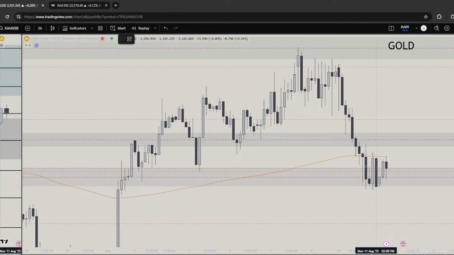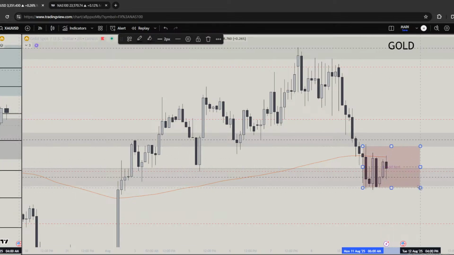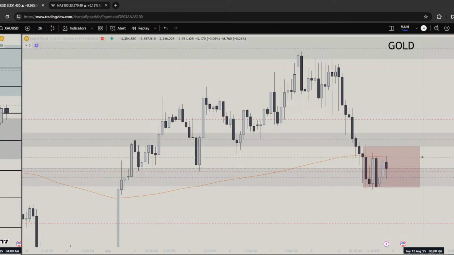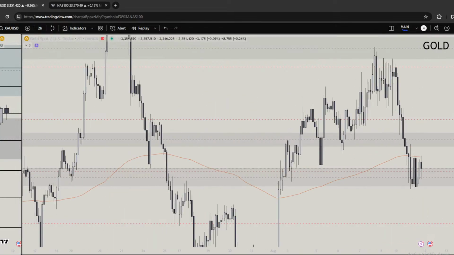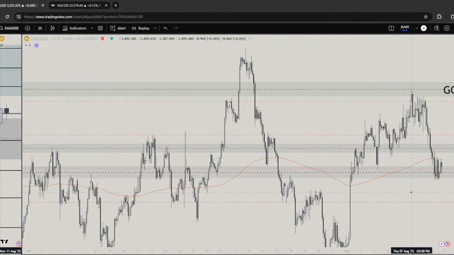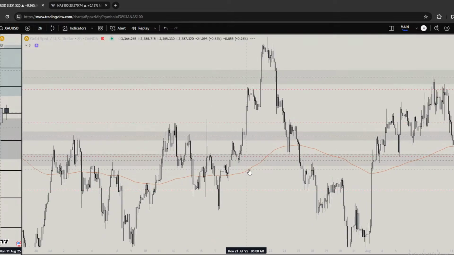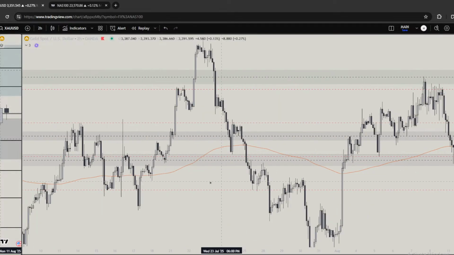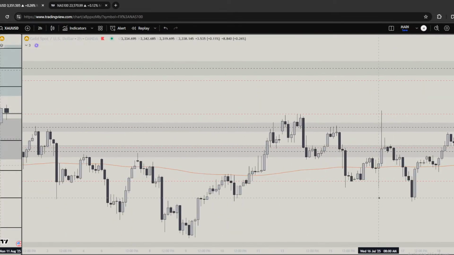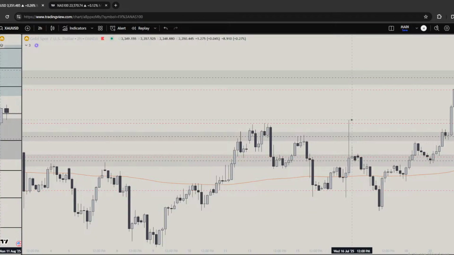It's just in this big old order block here. That's all we're doing, just sitting in this order block. Oh, this is a crazy wick right here. Dang, that's crazy.